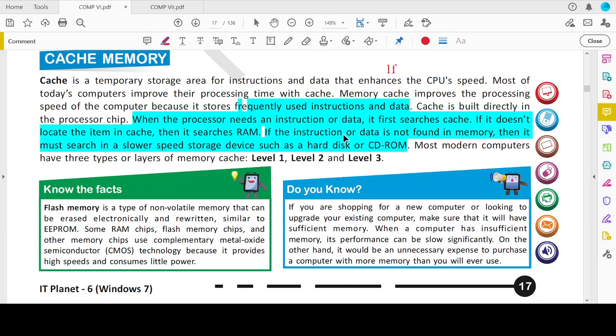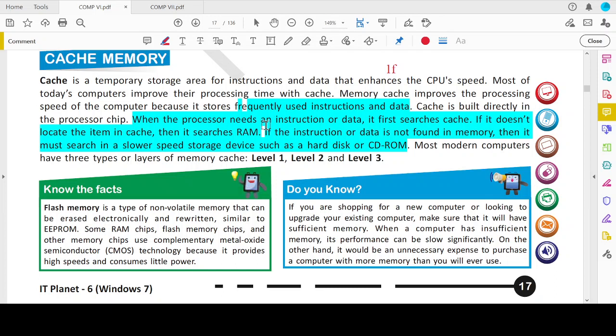So this is how the cache improves the speed of the computer. As it has a very fast speed to transmit data, the processor can work on the data of the cache. Whatever data and instructions are present on the cache can be executed by the processor.